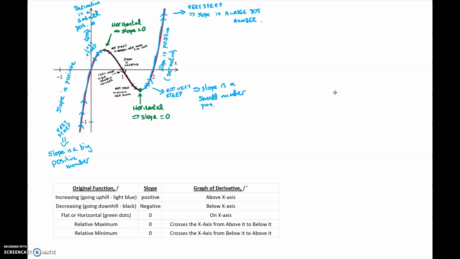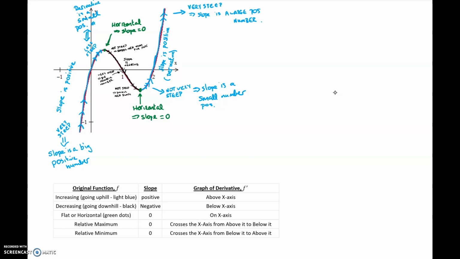Remember, the derivative f prime is the slope. If the slope is positive, the derivative should be above the x-axis. If the original function is decreasing, and that's the black section in the middle, then the slope is negative there, so the derivative is negative. In other words, the derivative is below the x-axis.